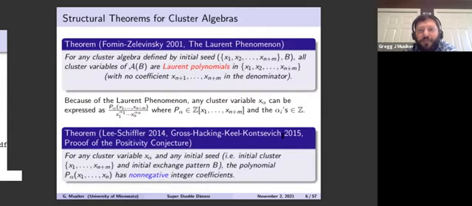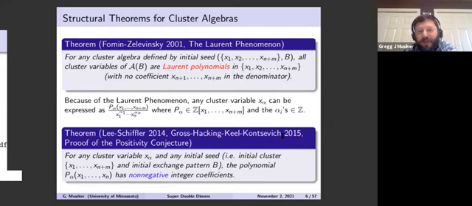So some other structural theorems I want to remind you of from cluster algebra theory. From the very beginning of cluster algebras, Fomin and Zelevinsky showed that even though these binomial exchange relations look like they only induce rational functions, they're indeed Laurent polynomials where the denominator is a single monomial.